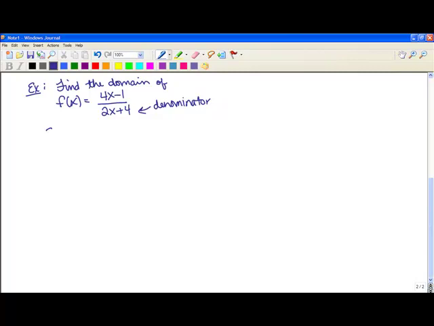The first thing you need to do is set the denominator equal to 0 and solve for x. So our denominator is 2x plus 4. I'm going to set that equal to 0 and solve for x. Subtract 4 from both sides. 2x equals negative 4.